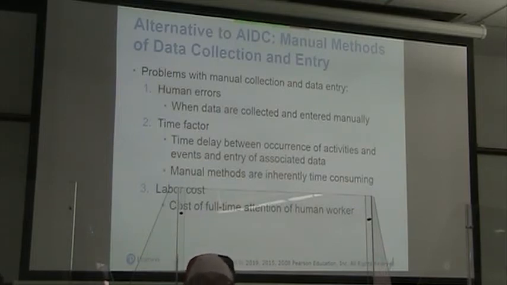Numbers get switched, or an entry is unreadable. The time factor: we may have too much of a delay between when things are actually happening and entering the data associated with those events.